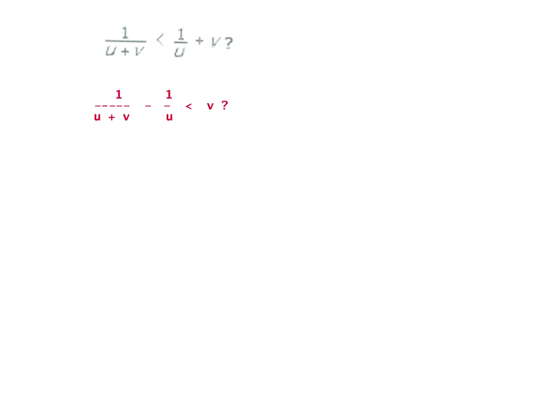All right, if you make a common denominator out of that, you're going to have to multiply by v on this one, and that's going to come with parentheses here. And then you're going to have to multiply by u plus v on the top and bottom of that one. So that's going to give you a common denominator of v times u plus v, and then that's v minus u minus v.